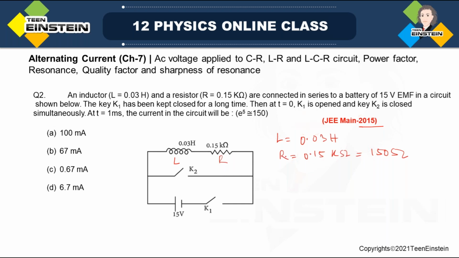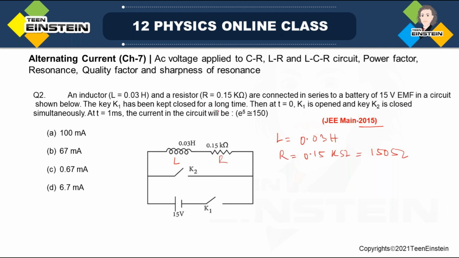You can check it. This circuit connection is shown in the figure as you see here, connected in series to a battery of 15 volt EMF in the circuit shown below.